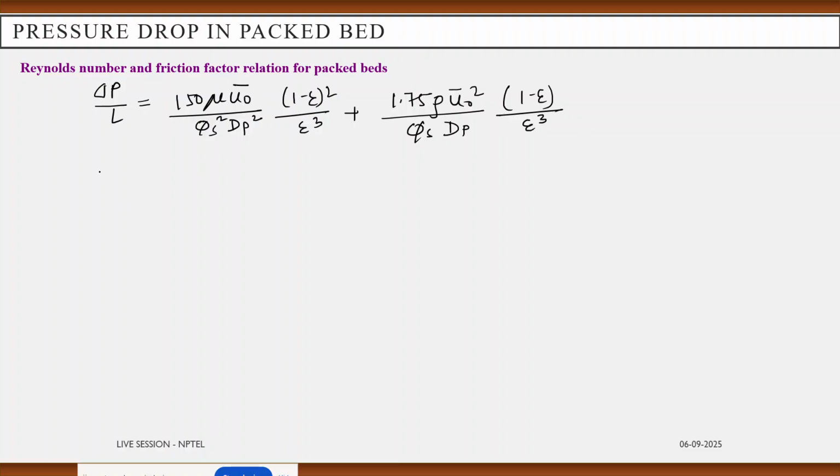In this Ergun equation, we can simplify it by taking common terms from this equation.